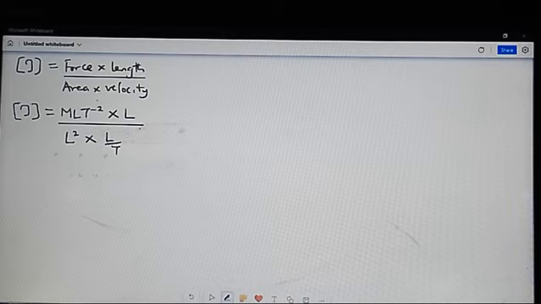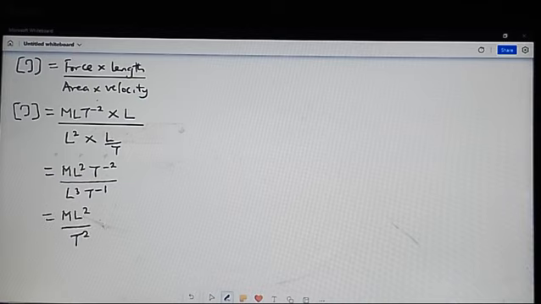We can simplify this further: M L squared T to the power minus 2, all divided by L cubed T to the power minus 1, which is M L squared over T squared divided by L cubed over T. We can further express this as M L squared over T squared times T over L cubed.